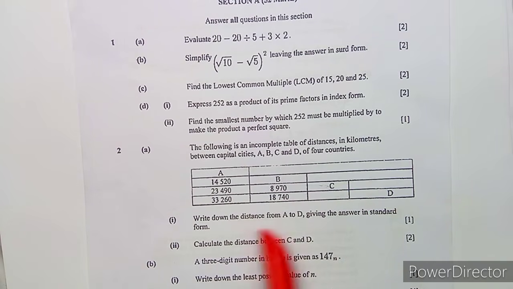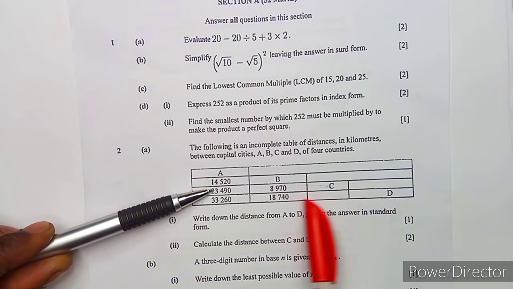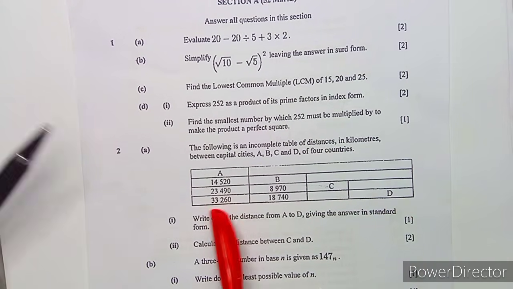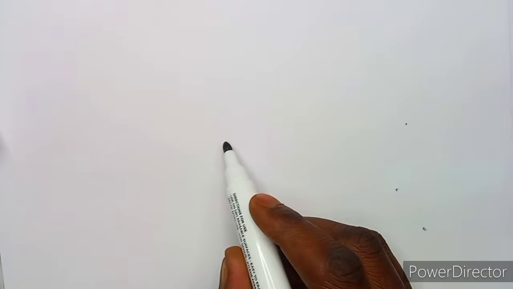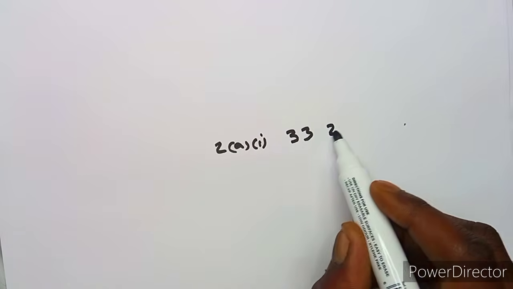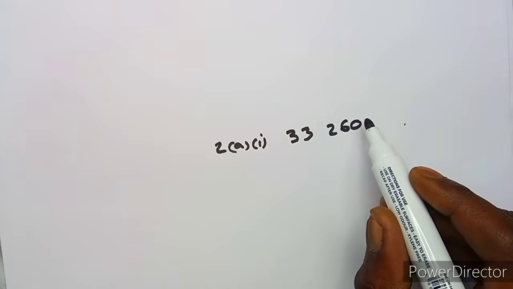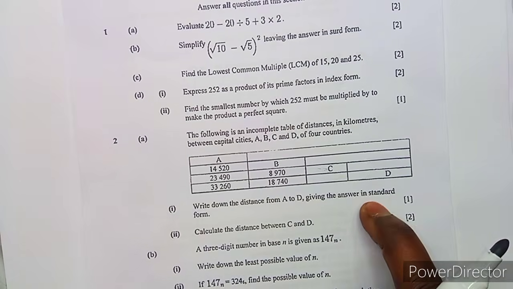So here we are given the distance between A and D, where they meet at this point. So this is the distance here between A and D, which is 33,260. So this is 2a, item 1. So we've got 33,260 kilometers, but this must be in standard form.